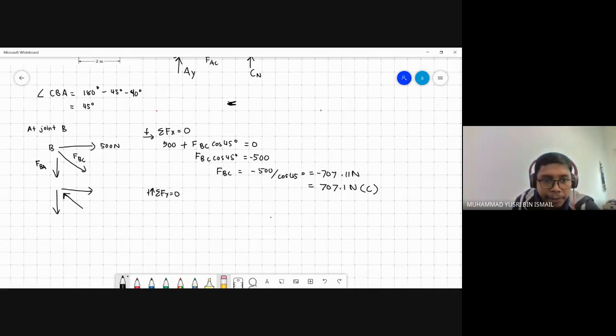Now, negative FBA plus FBC cos 45 degrees equal to 0. Negative FBA equal to negative FBC.